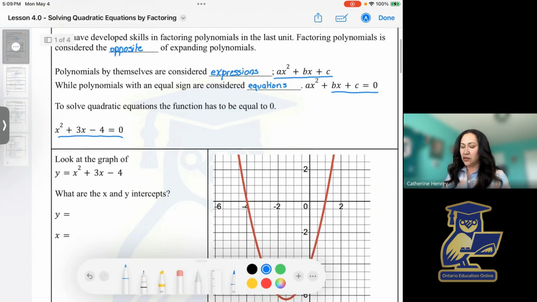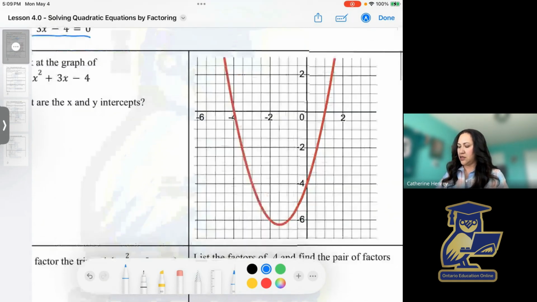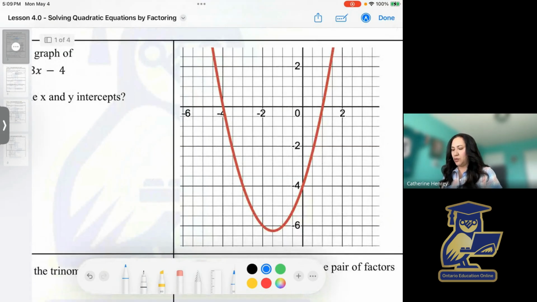So let's take a look at the graph of this function. So over here, let's take a look at some of the characteristics we have. If we identify some of the characteristics, we'll see we have an x-intercept here and an x-intercept here. And then we have a y-intercept right here.